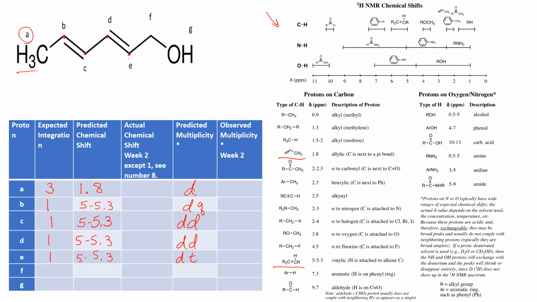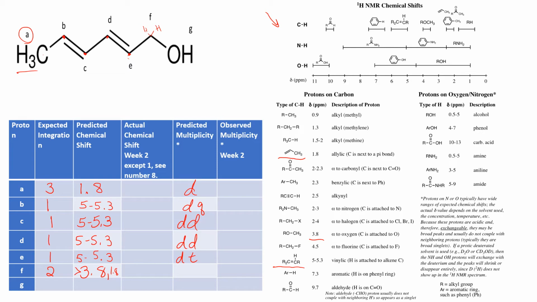F, okay, F is 2 hydrogens. And those hydrogens, they're methylenes, and they're on a carbon that has an oxygen. So they're alpha to an oxygen, so that makes them somewhere around 3.8. And they're also allylic, so it's like 1.82. So it's just going to be greater than 3.8 is what that tells us.